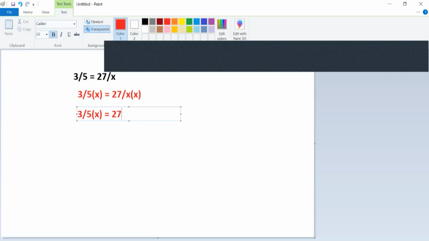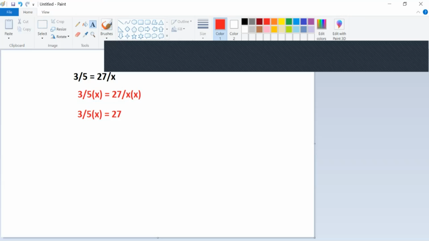Do you see how I did that? I went from this to this just by moving the x over to this side. So now it becomes 3/5 times x is equal to 27. Does that make sense? Everyone's in agreement on that?